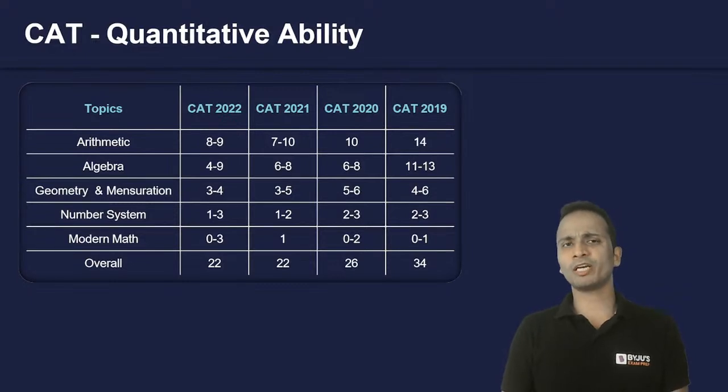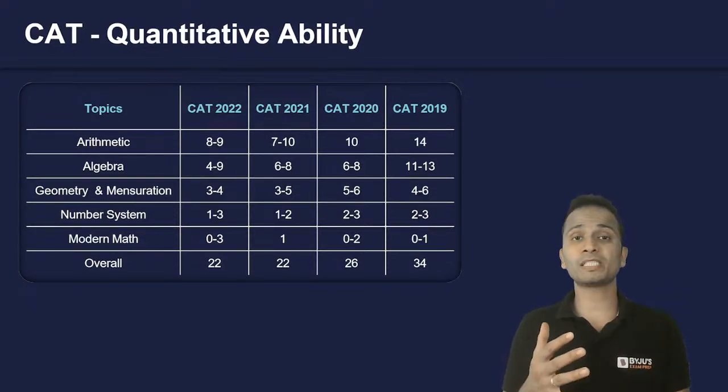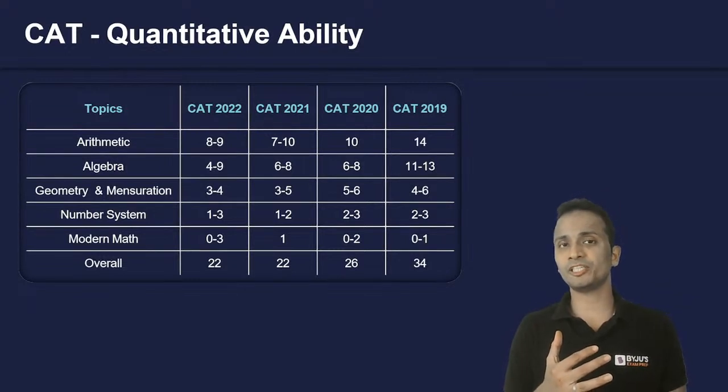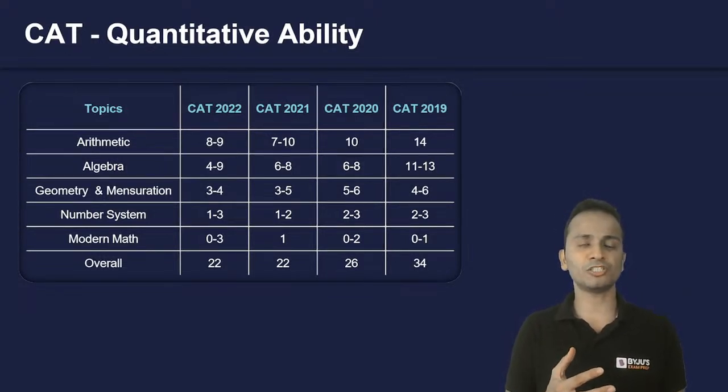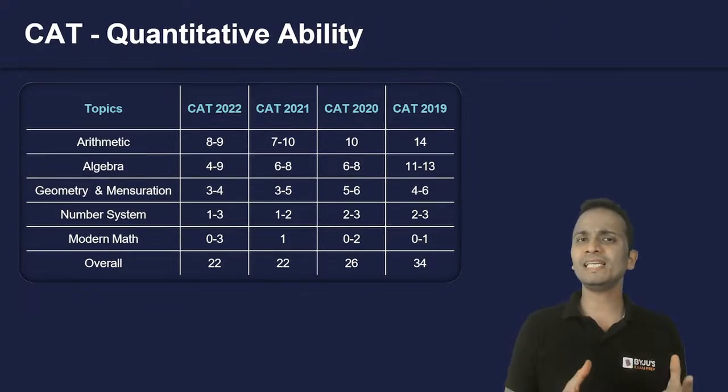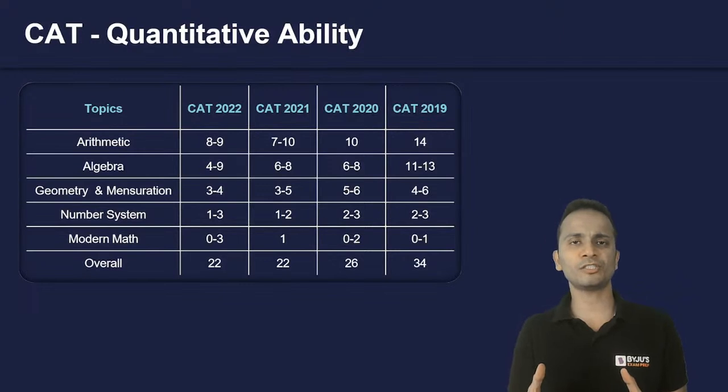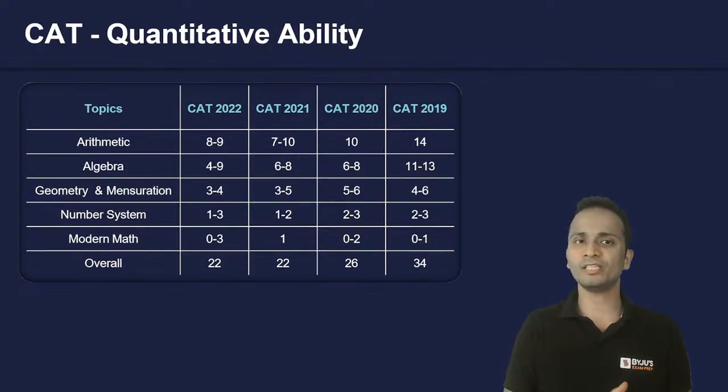Now talking about arithmetic, it will include topics like percentages and their applications, ratios and their applications, time, speed, distance, and time and work. Algebra will have linear equations, quadratic equations, functions, graphs, modulus, inequalities, progressions, logarithms. All these are included in algebra.